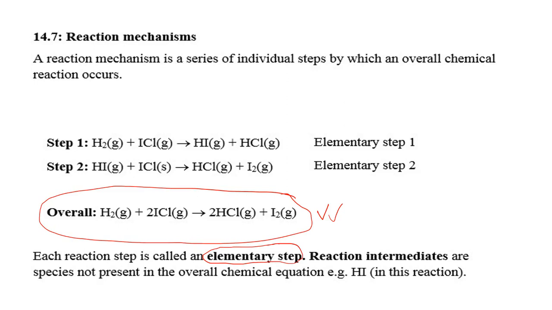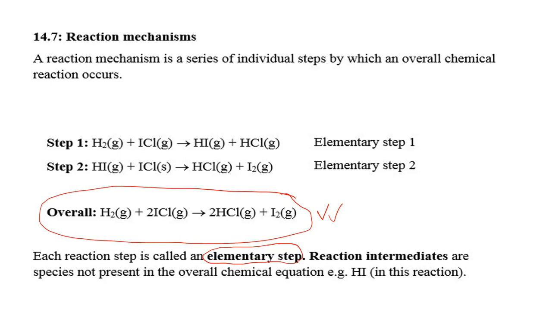For example, this overall chemical reaction occurs through two steps. In step 1, hydrogen reacts with ICl gas to give hydrogen iodide gas and hydrogen chloride gas.